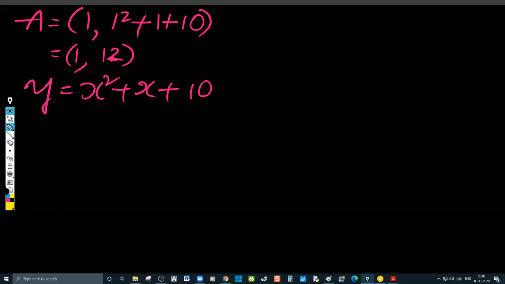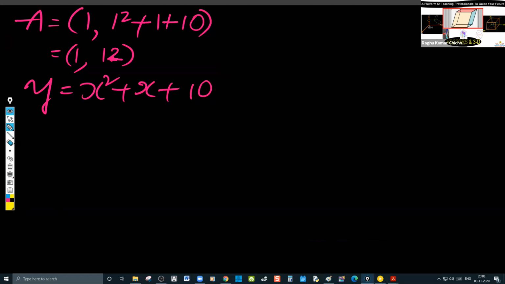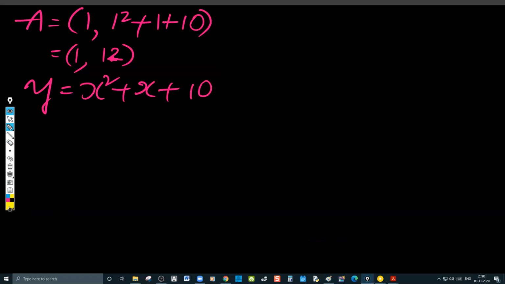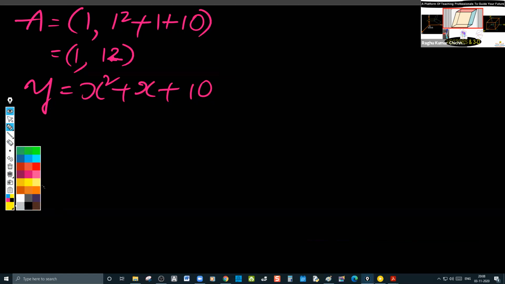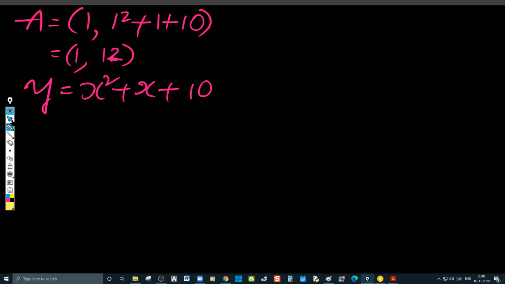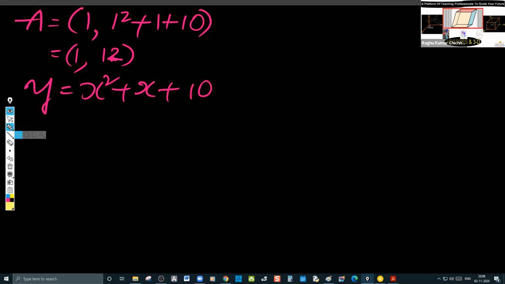Sir, y minus y1 equals, that's correct. Y minus y1 equals m into x minus x1. But how to get m? So slope, how to get it? So derivative, that's it. dy by dx.